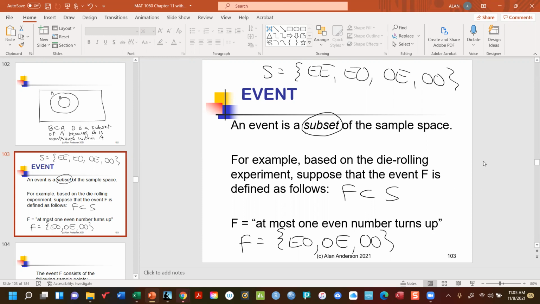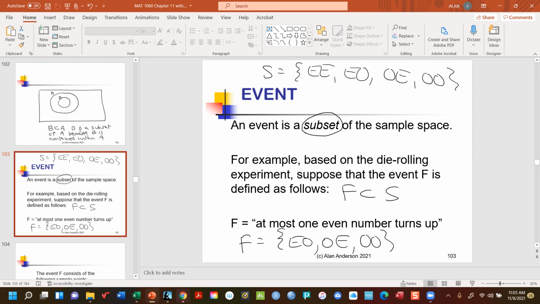Now, this approach always works, whether the outcomes are equally likely or not. What I'm about to show you in the next slide is a shortcut that only works when all the outcomes are equally likely. It can speed things up, but again, it only works when all the outcomes are equally likely.